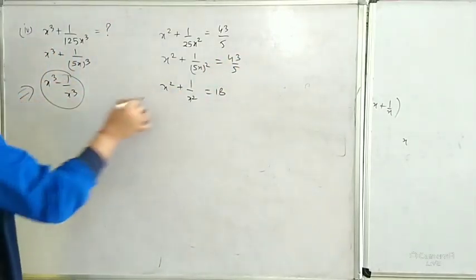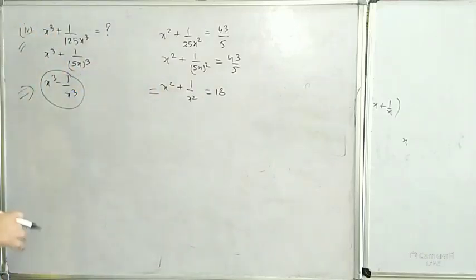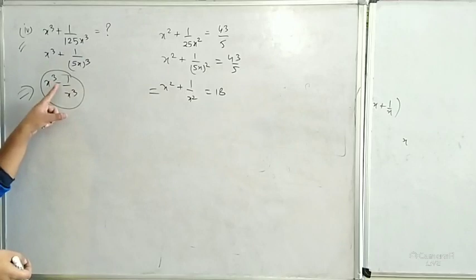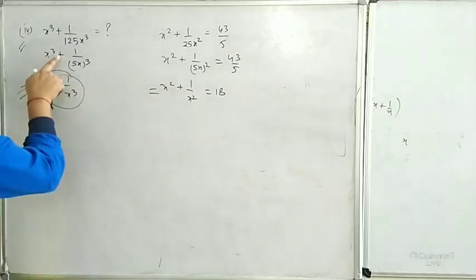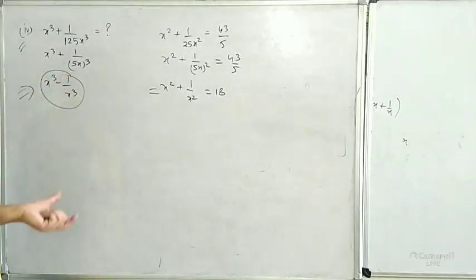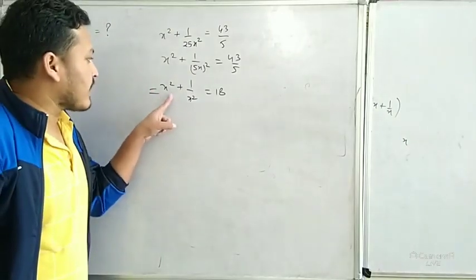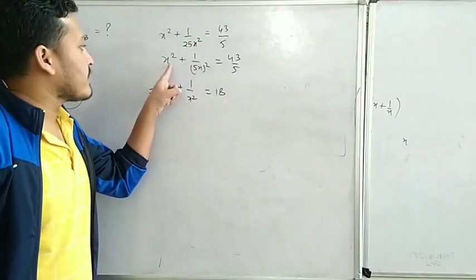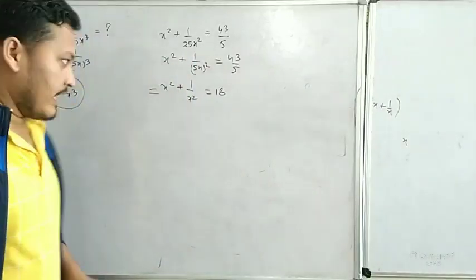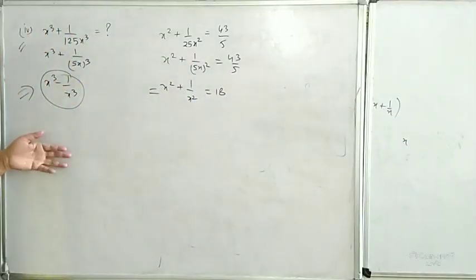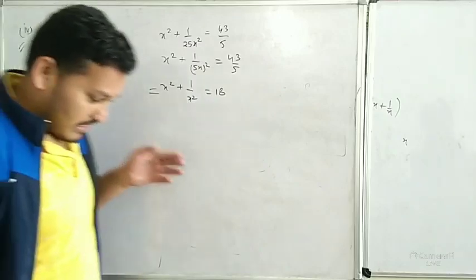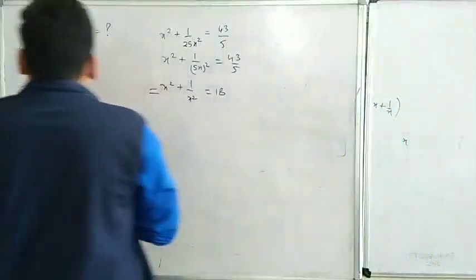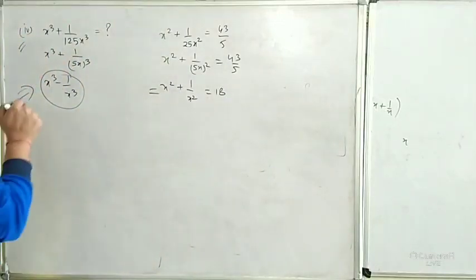In the previous part, we had to calculate x cube minus 1 by x cube, and the question was x square plus 1 by x square is equal to 20 in the last question, and this time the question is x square plus. So it is the same, right? When the formula is used at the start, which formula can we use here? We can use the positive formula, because we need the positive formula.